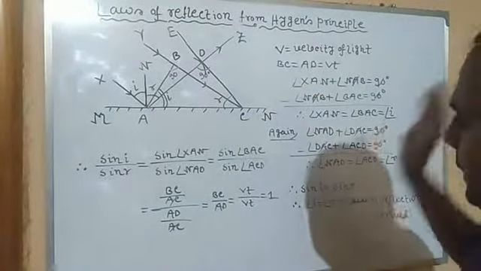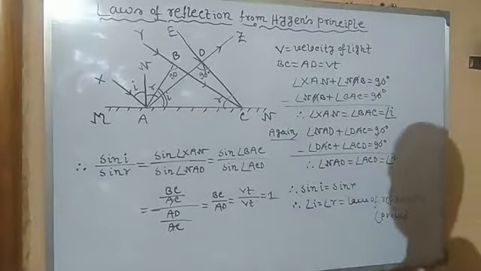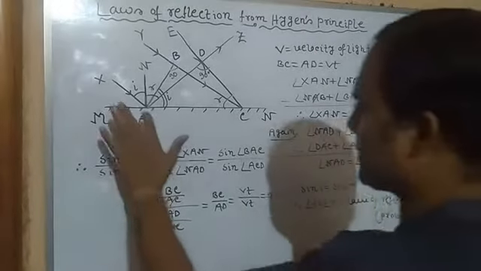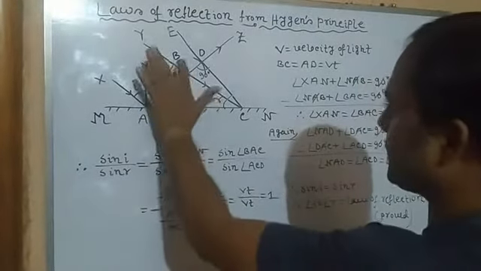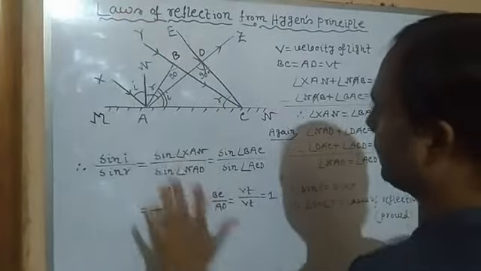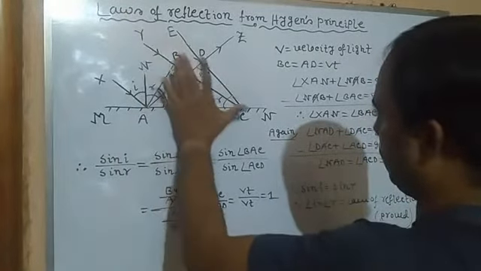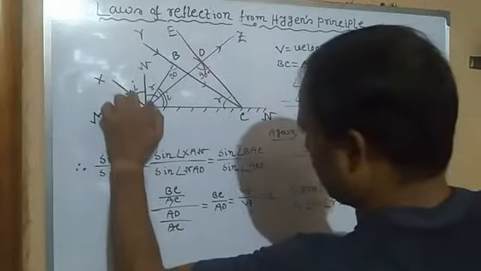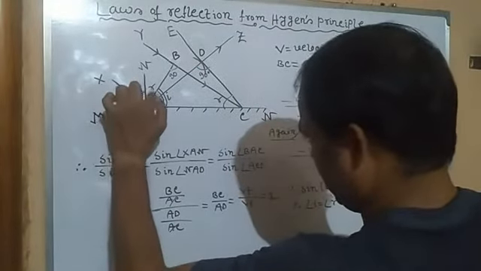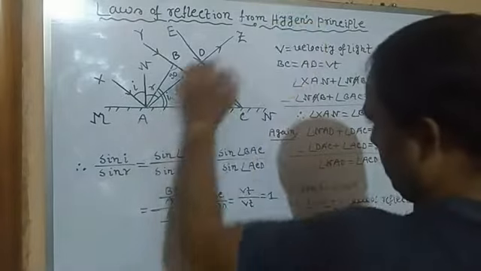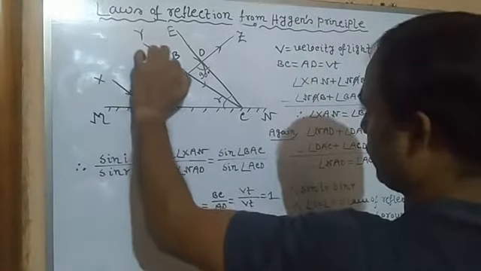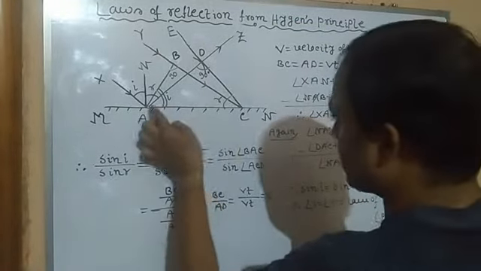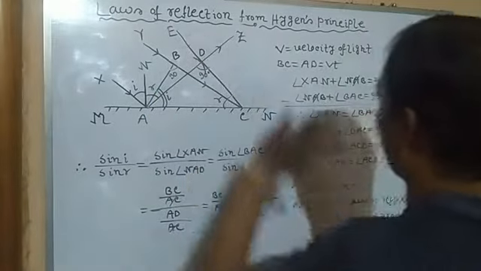Now we will give the names: this is X, A, this is C, that is B, this is D, and this is E. Here XA and YB or YC is the incident light, AD is the reflected light. This is the incident wavefront, and this is the reflected wavefront.